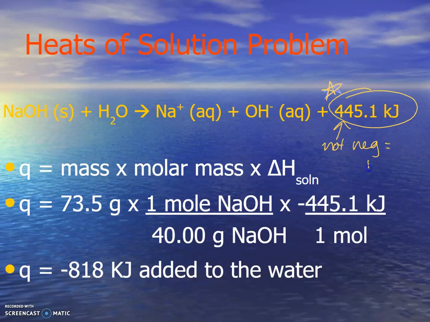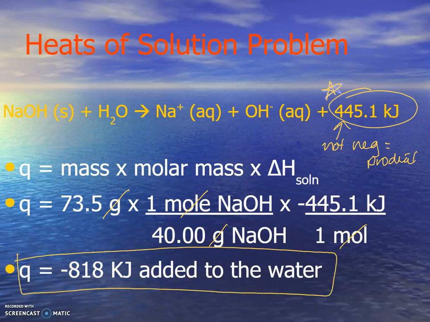It is a product. And here we see our grams cancel out, our moles cancel out, and we get our 818 kilojoules added to the water. So the water will heat up. Okay, that is our thermochemical equations.